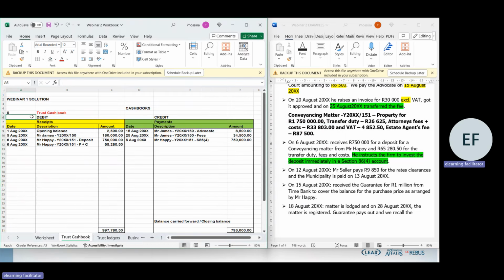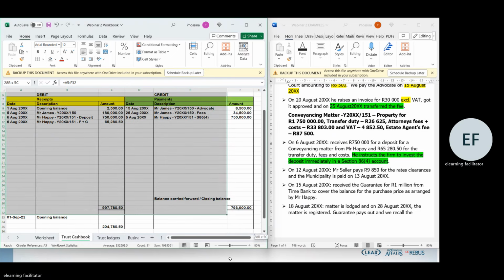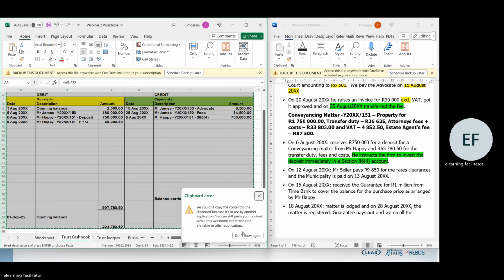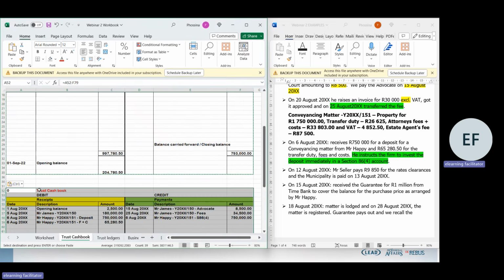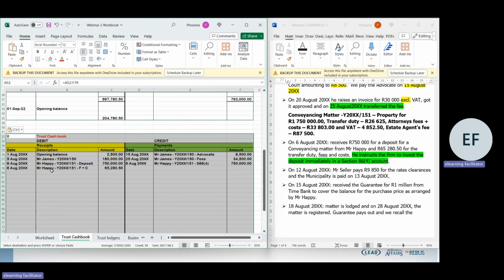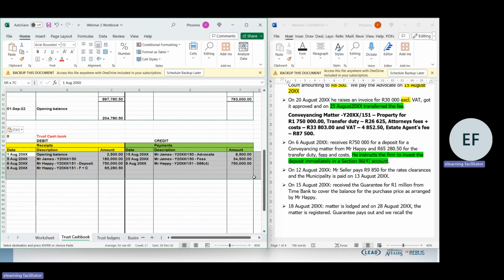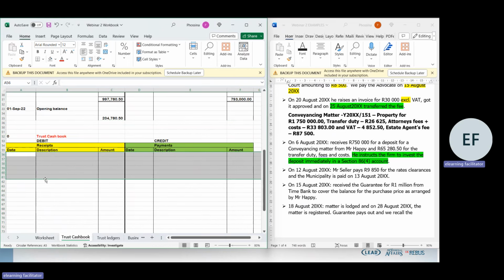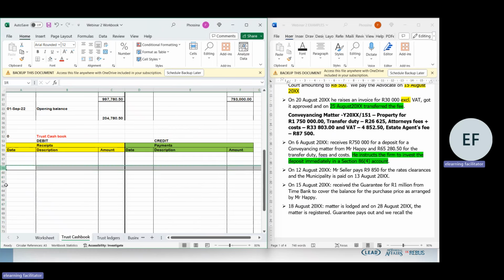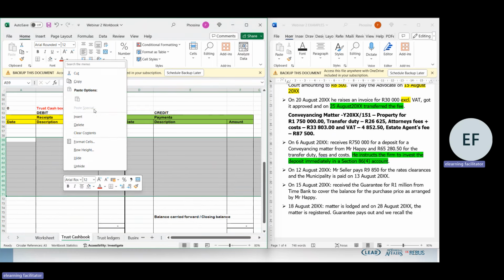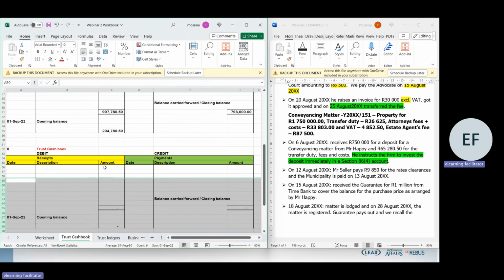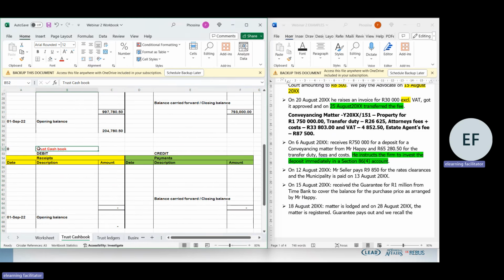Okay, I'm going to paste it here. So this is a very big cash book. I'm going to delete everything and minimize it, because for this particular one I don't think we'll have a lot of transactions. So I'm going to delete some rows.